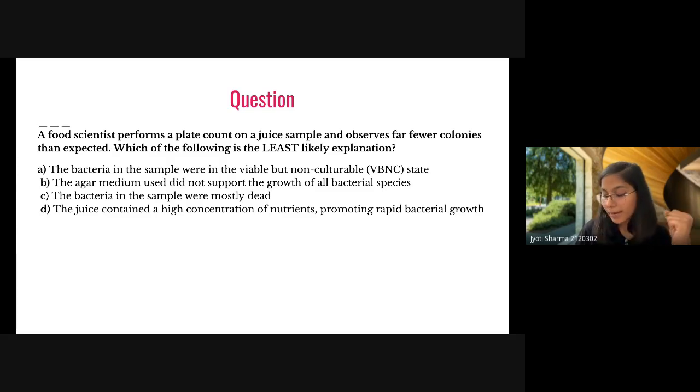The options are: the bacteria in the sample were in the viable but non-culturable state; the agar medium used did not support the growth of all bacterial species; the bacteria in the sample were mostly dead; the juice contained a high concentration of nutrients promoting rapid growth rate. And you have to tell me the least likely explanation.